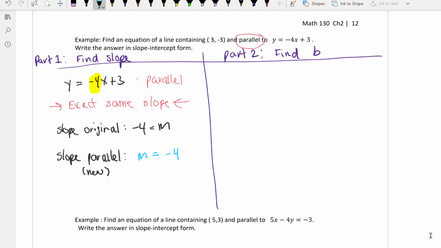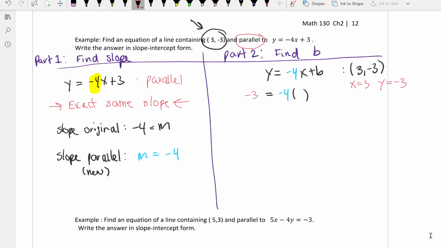Now for part 2, I need to find my new y-intercept. So I have that y is equal to my slope value, negative 4, x plus b. Now this is where I'm going to use this point. I have the point (3, negative 3). So here, x is equal to 3, and y is equal to negative 3. I'm going to plug these values in. So negative 3 is equal to negative 4 times my x value, positive 3, plus b.